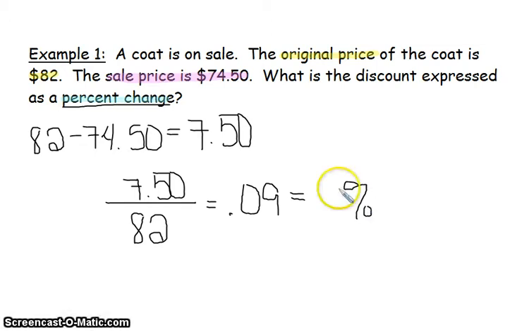Instead of moving your decimal point to the left a couple of places, you're actually going to move it to the right a couple of places, which is the same thing as multiplying by 100 if you'd rather do that. But this is 9%. So not much of a sale. It's only 9% there. But that is the percent of change, 9%.